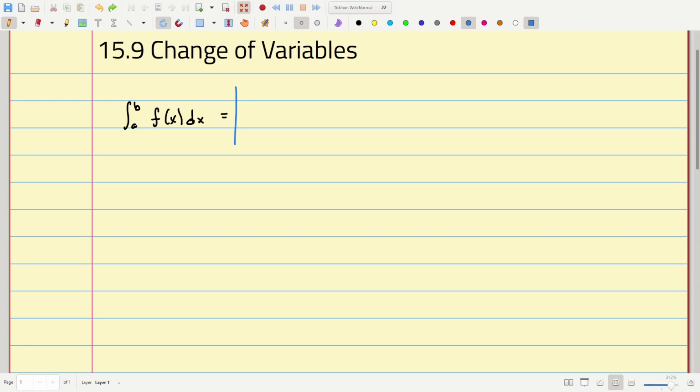What we're going to do is replace the variable x with some function. Now, the way that we're going to do this is we're going to do it kind of backwards. x is going to be replaced by some parameterizing function here. Okay.